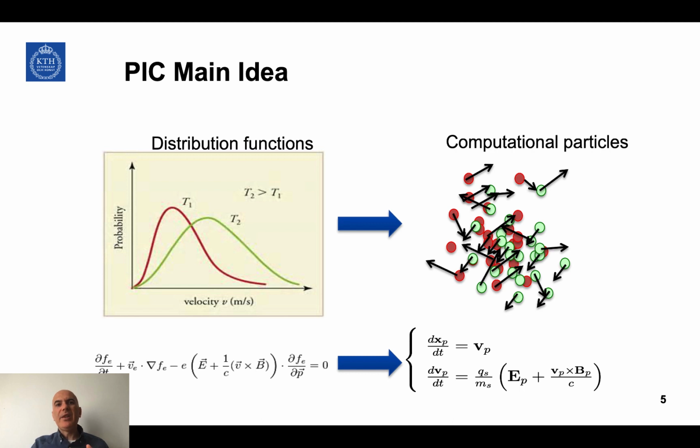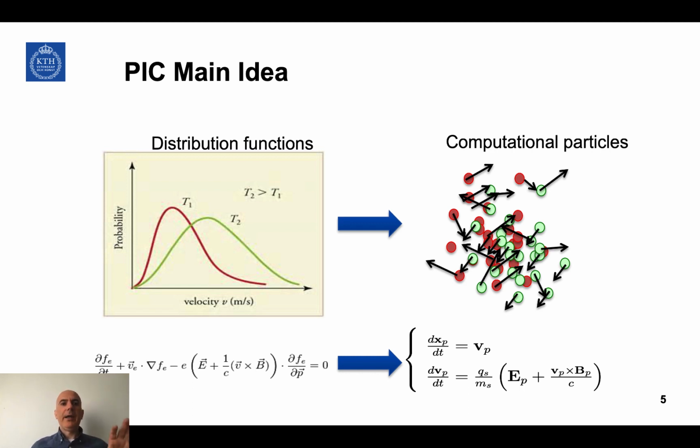We start initially from a continuous description of our distribution function, and we move to a description that is Monte Carlo-like, based on random sampling of the distribution function with computational particles that have a random distribution that is the one described. Right.